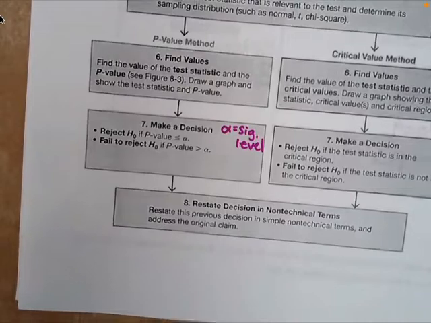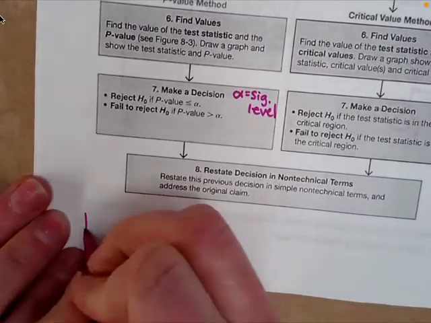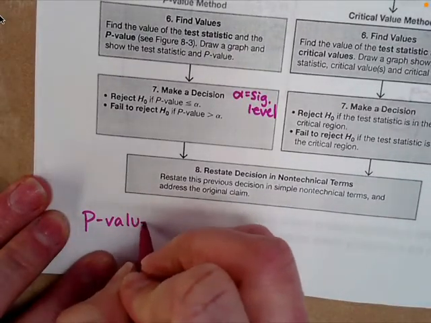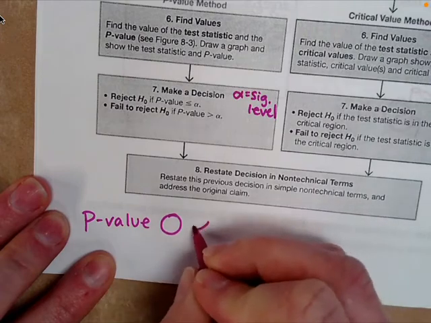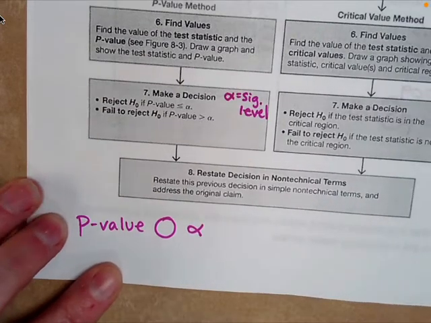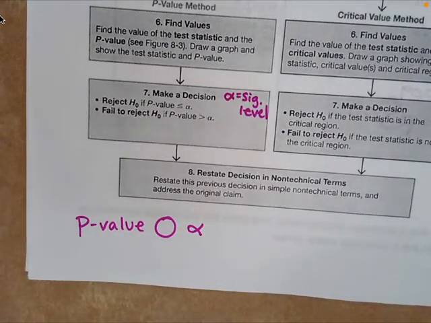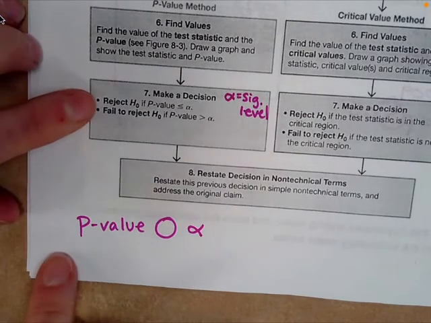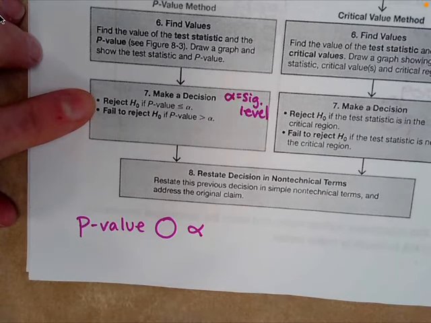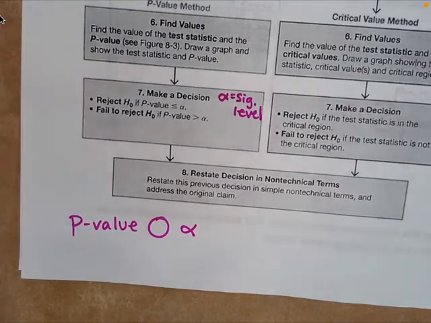Whenever I make my decision, I write p-value compared to alpha, and then I can plug in either less than, equal to, or greater than. And then I can either reject the null hypothesis, or fail to reject my null hypothesis.